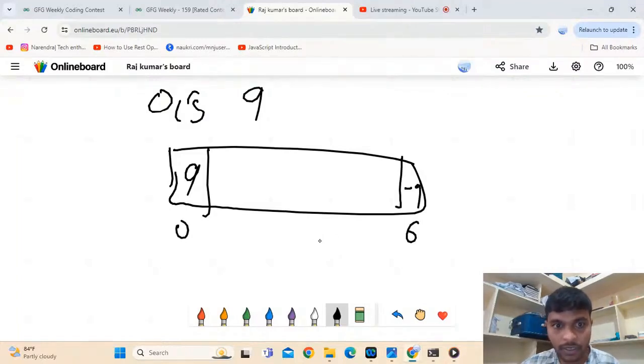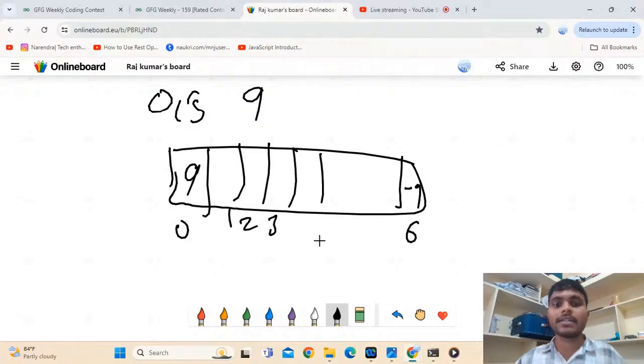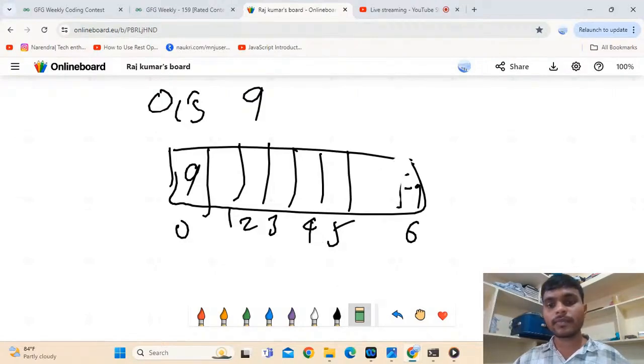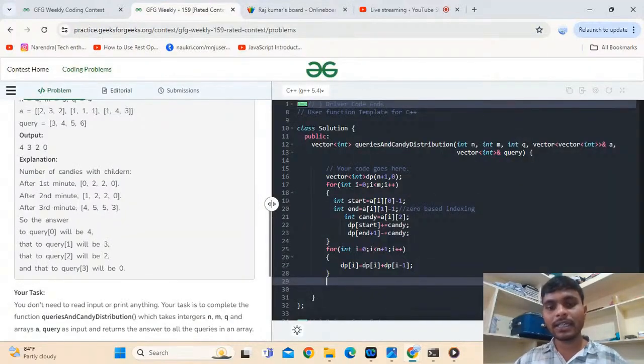So it is 0, it is 1, it is 2, it is 3, it is 4, it is 5. So this is not there, let us assume. So here from the first index I am starting. Here for the 0th index we don't have a previous index, right?